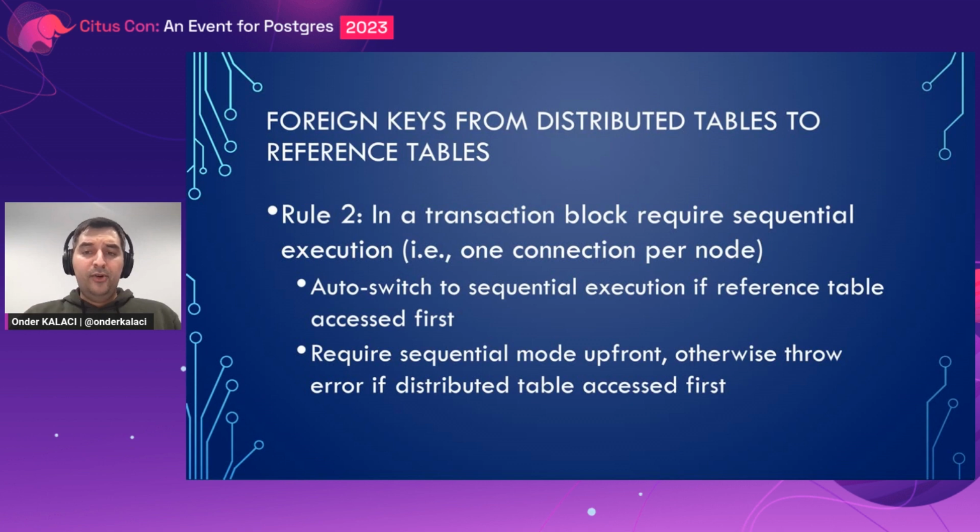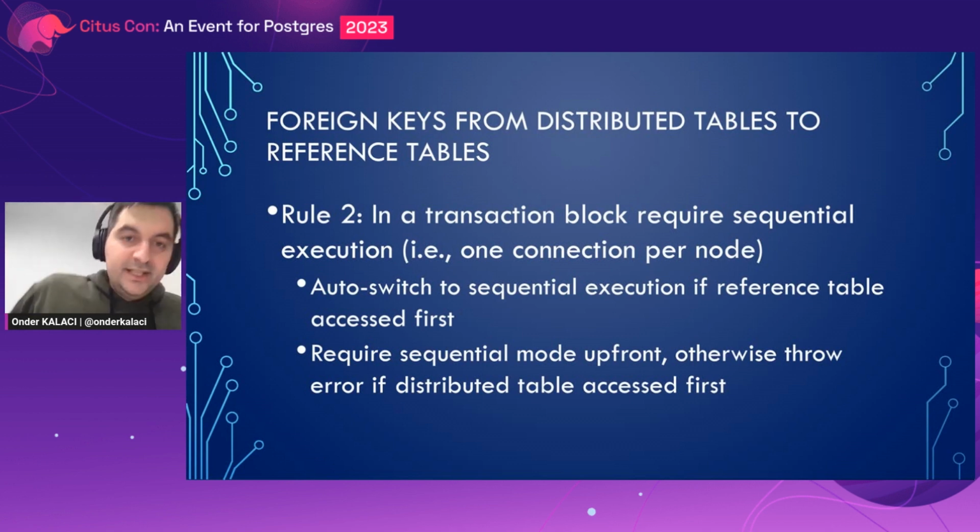But when you have a foreign key from a distributed table to a reference table, then running things in parallel, especially in a transaction block, causes some issues. So let me dive a little bit more into this.